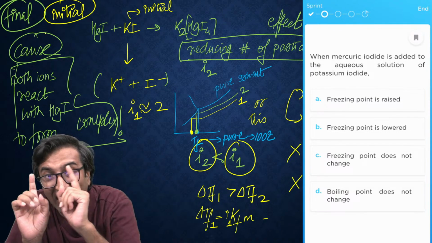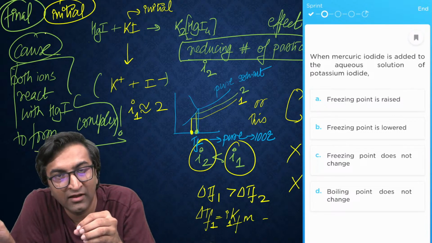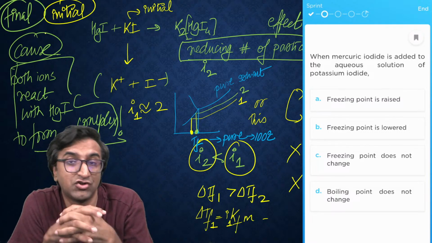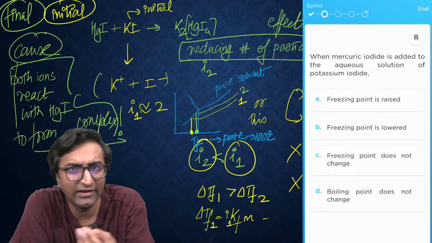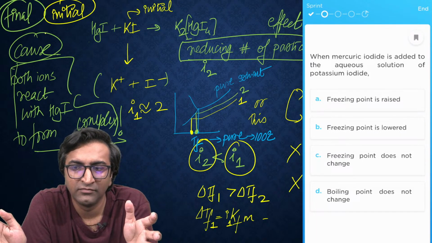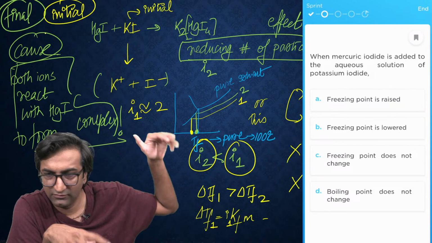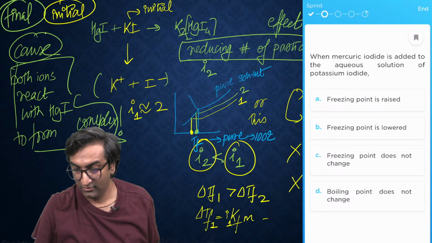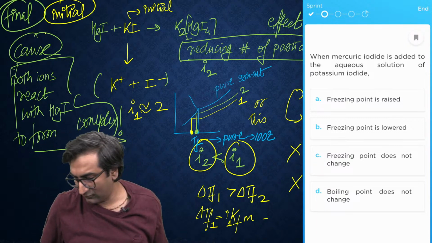So in i1, if I put it simply, dissociation was happening, in i2 association is happening. Hence i2 is lower than i1. And I've shown you this with the graph also, what the concept is. Give me a quick thumbs up and we'll move ahead. This is why I feel it is raised. We can also look through the solution given here, but I'm quite confident of this.